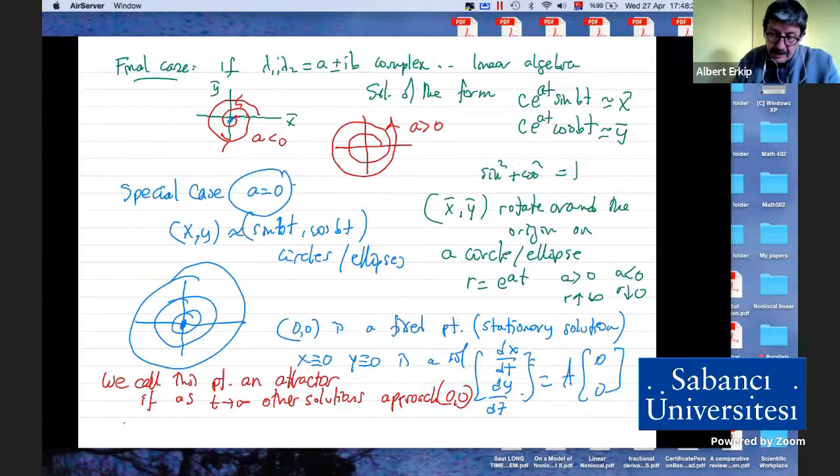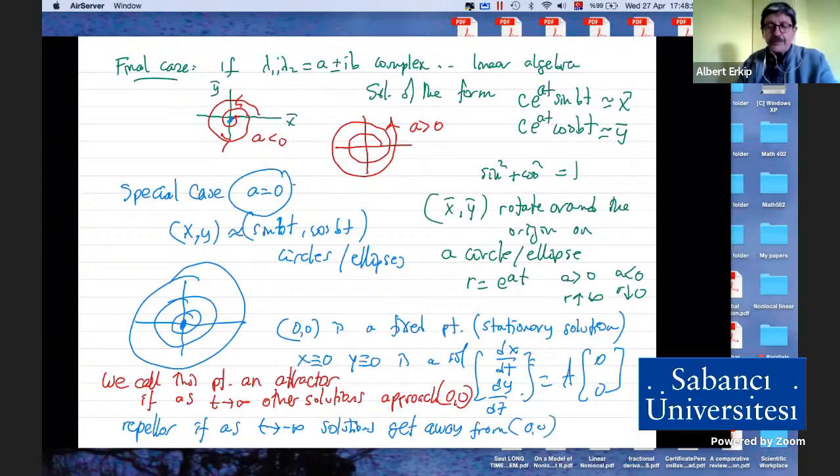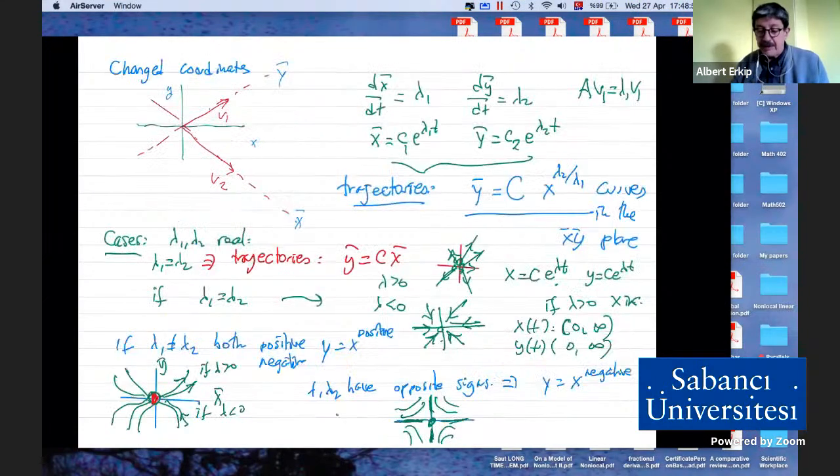And we call it a repeller if, as t goes to infinity, solutions get away from 0, 0. So attractor means solutions are going to 0, 0. Repeller means solutions are getting away from 0, 0.